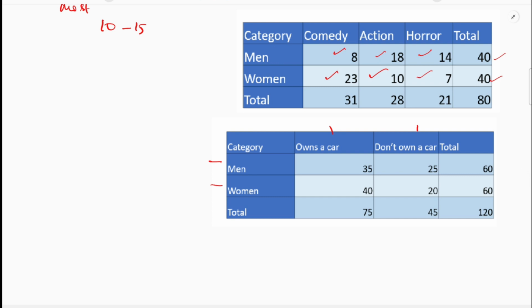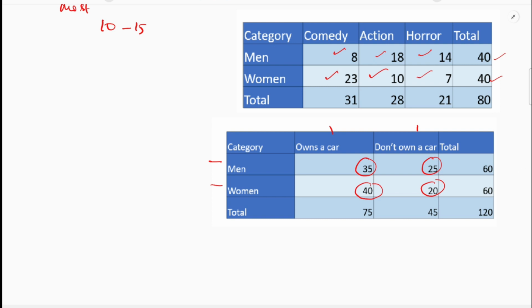For example, 40 women own a car, 35 men own a car, 25 men do not own a car, and 20 women do not own a car.